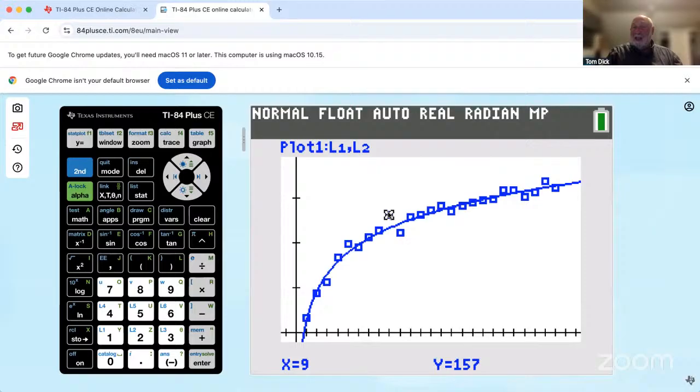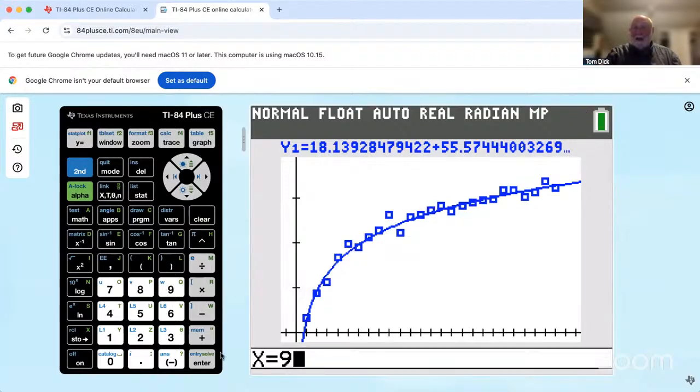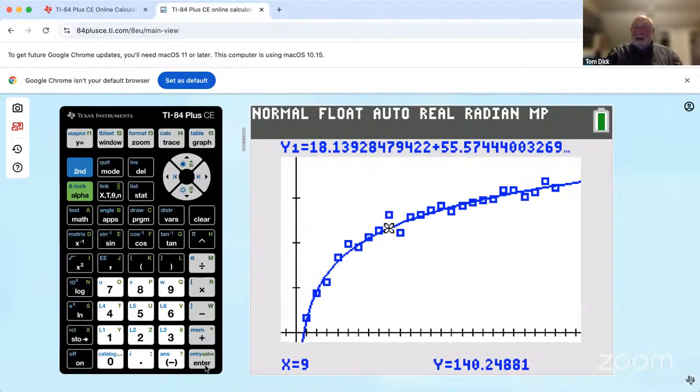And we can see that that point is above the prediction curve, okay? If I hit an up or down arrow on my trace, it shows me the value. Oh, I wanted to be on the prediction curve. I wanted to be at x equal 9. So let me just type in 9. And now that's the actual predicted value there at 9.